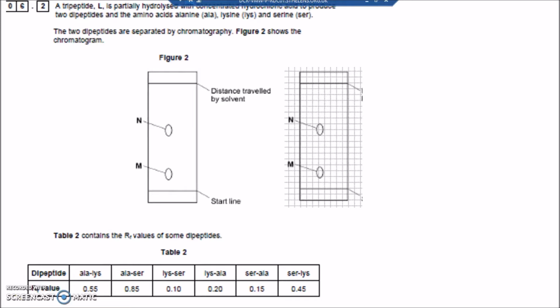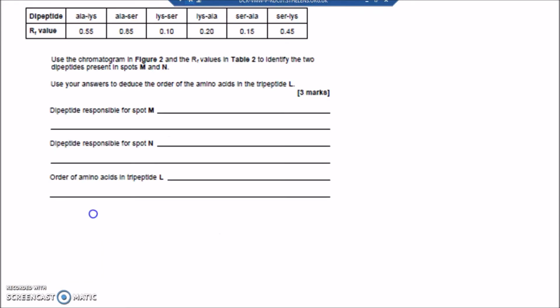My other one, N, looks as if it's about 9 squares up from the start line to the middle of the spot, maybe 10, let's say 10 divided by 18. 10 divided by 18 is 0.55, so N must be ala-lys. Ser-ala and ala-lys.